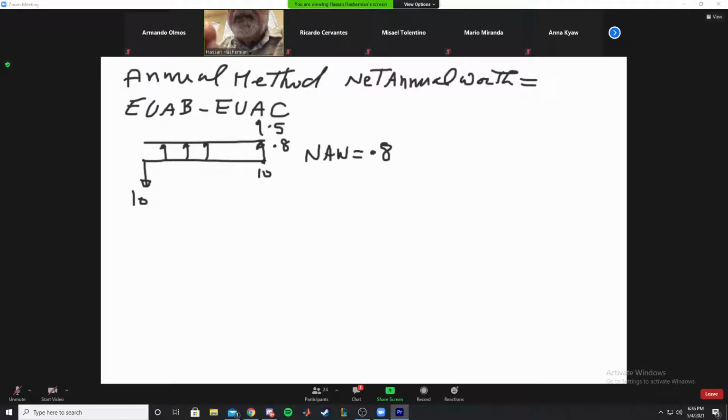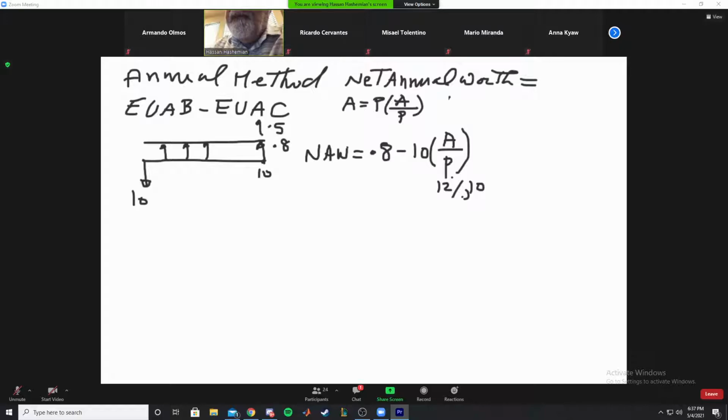Now my cost, 10 million, is at the present. This is a P. How do I make P into A? So I say A equal to P times what? A over P, correct? In order to make it annual. So here I will have minus 10 million, and I have to multiply that by A over P at 12% and 10 years. So that makes the cost annually. And then the salvage value is the future.